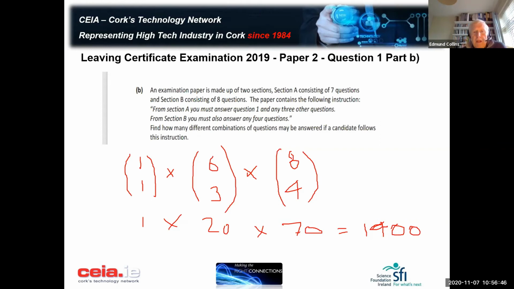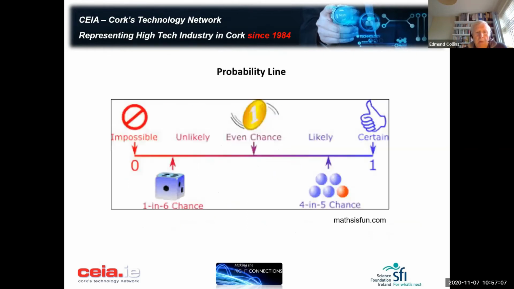So hopefully that gives you an idea of the application of the multiplication principle and combinations and so on to solve a problem, a fairly recent one, and hopefully it'll increase your understanding of those tools and techniques.